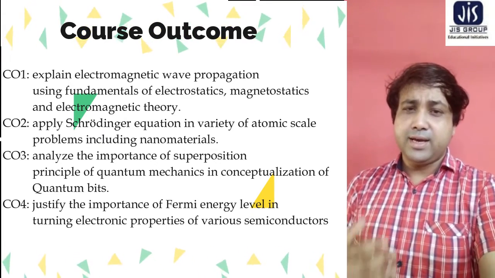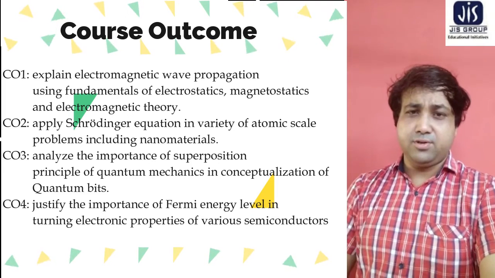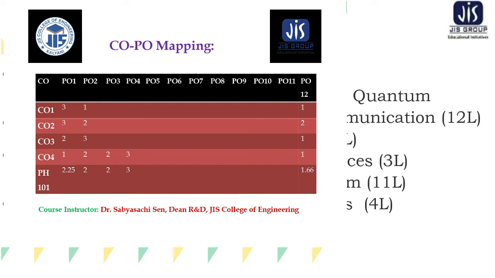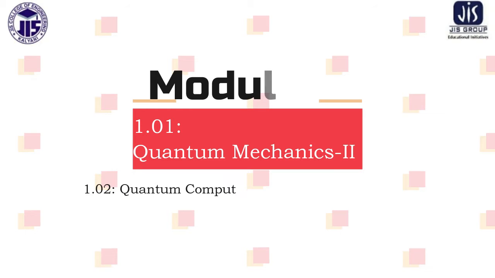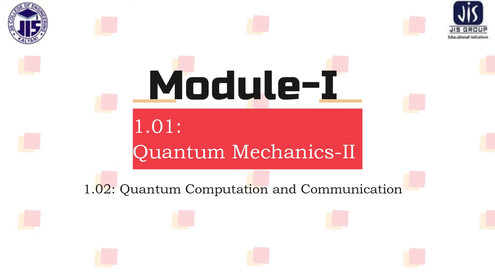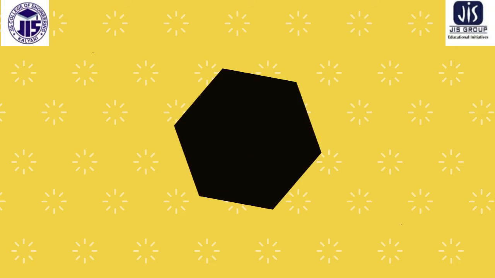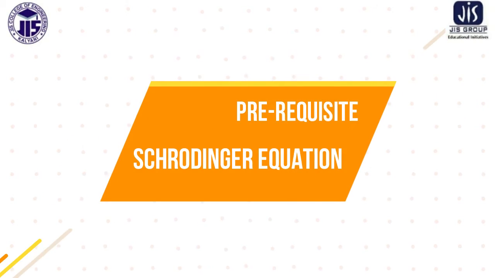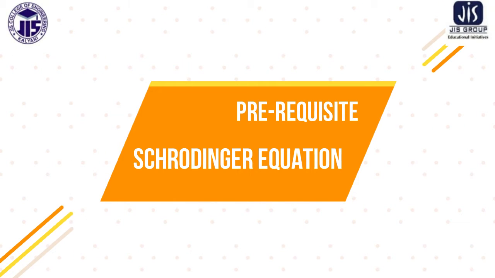This is closely connected with your own program, so you can get that in the course outcome, program outcome mapping also. On the screen you can see the various modules that are present in this course, and you can also see the module that you will be starting with. We will start with one of the promising modules of the course, and you can also see the topic that we will begin with.